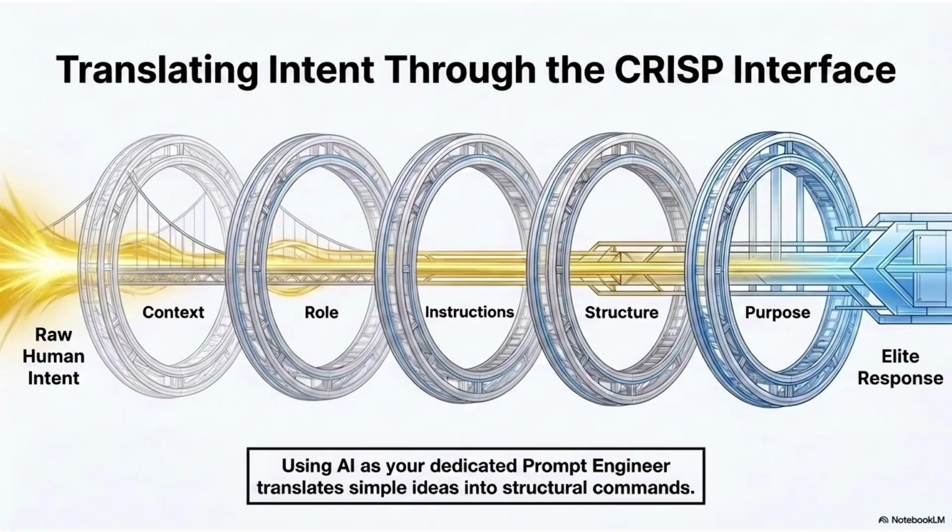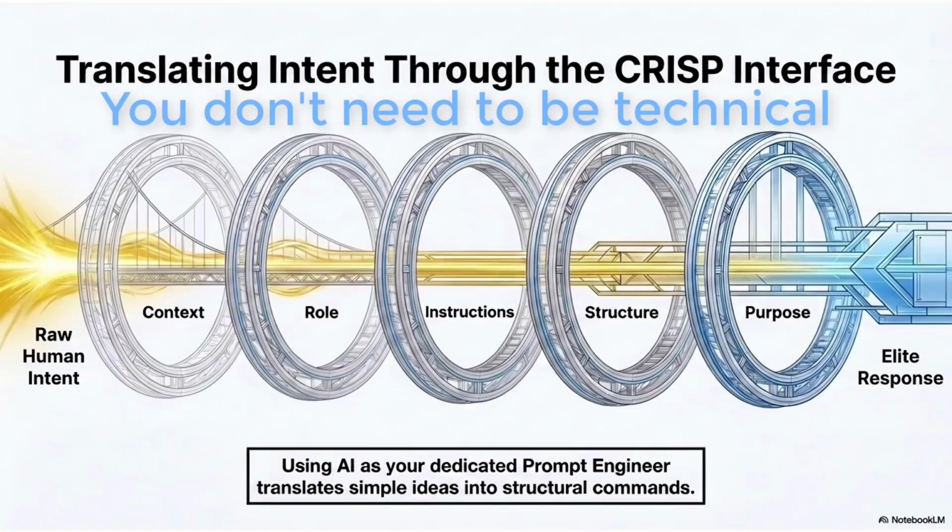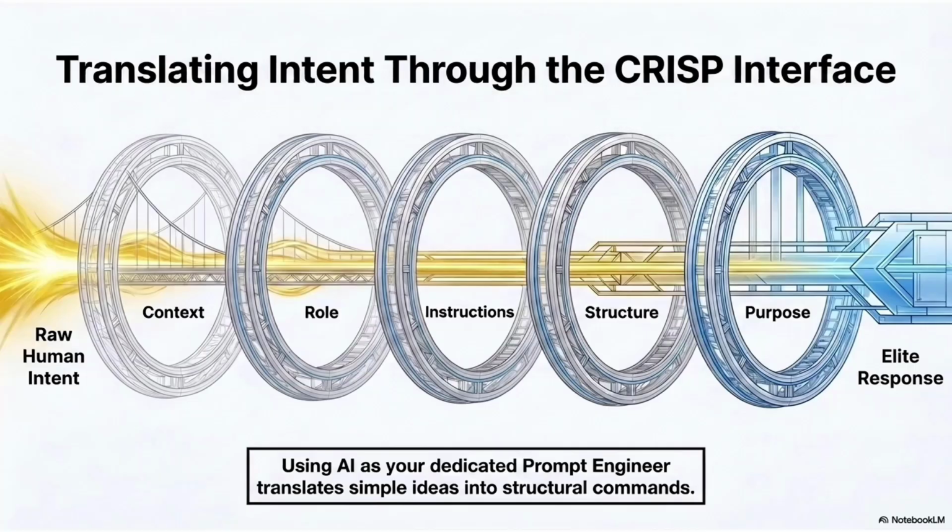So one of the key concepts we want to help you understand is that you do not have to be technical to technically use AI. The inference we talked about earlier is driven by what they call a prompt. Your input is the prompt.